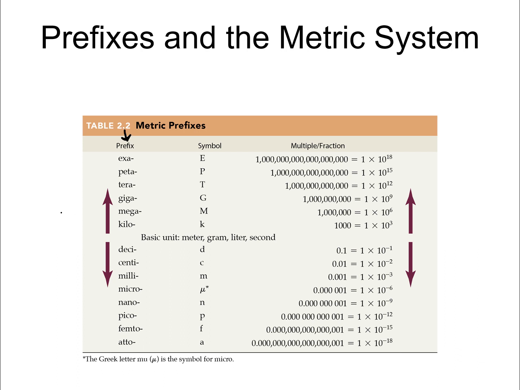The prefix will either increase the value of that basic unit or decrease the value. Let's say that I have a gram. If I put centi in front of it, then that means that I have 1 times 10 to the minus second grams.